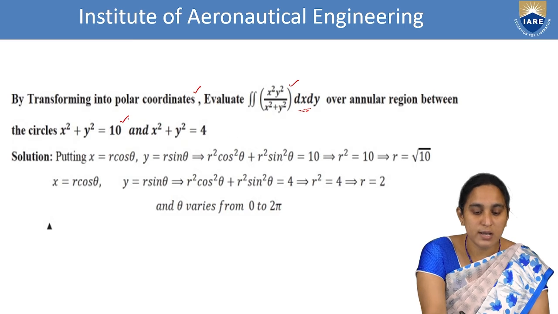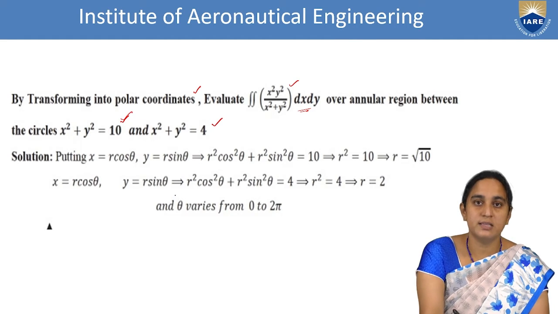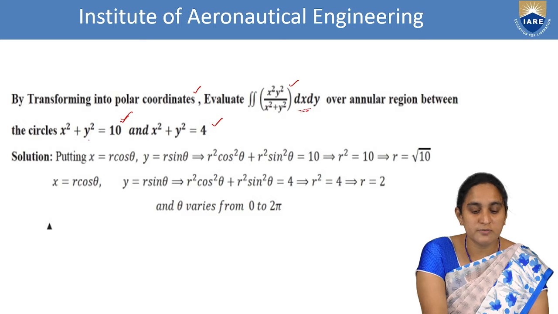These two are circles in standard form, centered at the origin. The first circle is x square plus y square is equal to 10, and the second circle is x square plus y square is equal to 4.